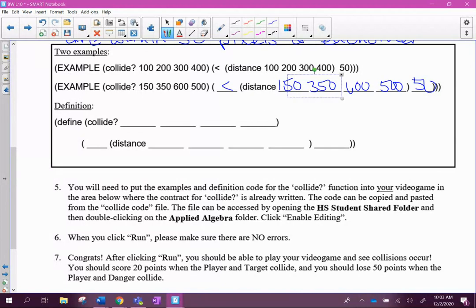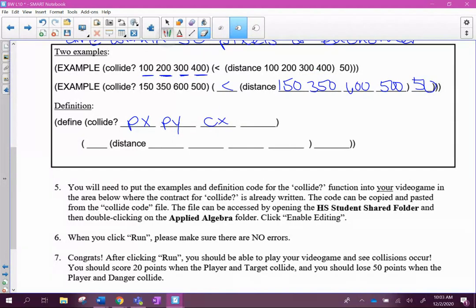Okay? So if we think about the way that these are in the collide function, these first 2 values are the values of our player. So that would be px and py. The second 2 values are those for the other characters. So that would be cx and cy. So in our definition, the player coordinates come first, and then the second character comes next.